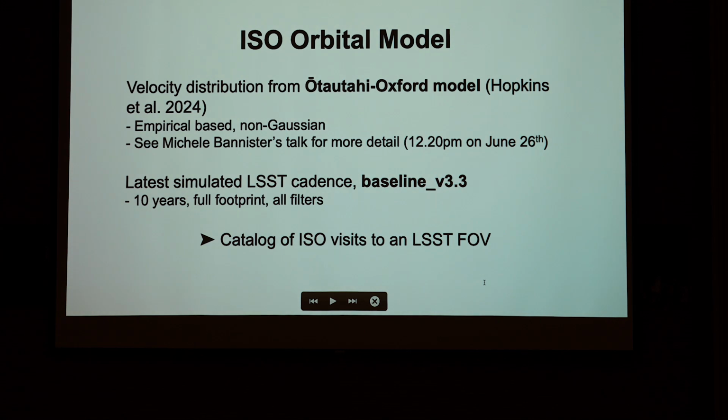First of all, to describe the ISO model that we are using, we're basing the velocities on the Hopkins et al. 2024 model, which we're now calling the Auckland-Oxford model. It's based on empirical data of the stellar population around the solar system. It's non-Gaussian, which is very different from previous predictions for stellar object velocities.